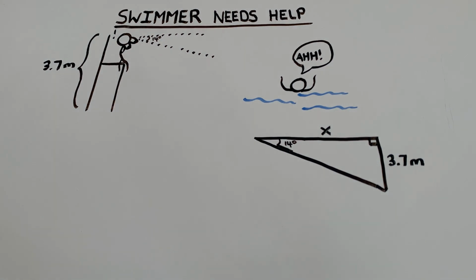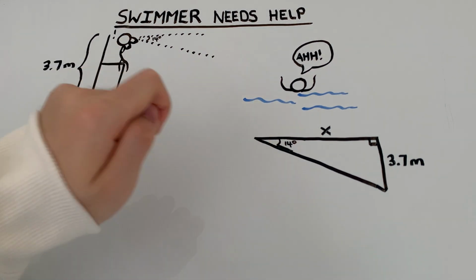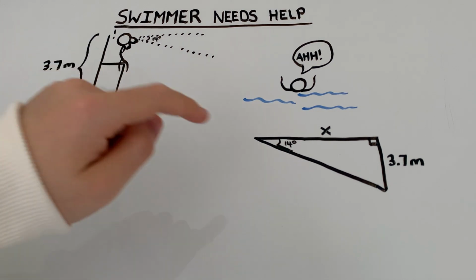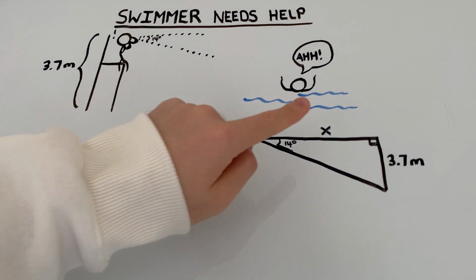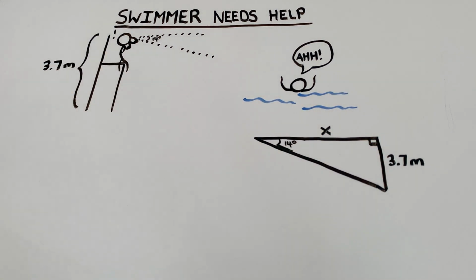And now that we have our triangle and we filled in our givens, now it's time to bust out the trig. So we have this angle, and relative to this angle, we have its opposite side and the adjacent side. So what trig ratio relates the opposite side and the adjacent side?